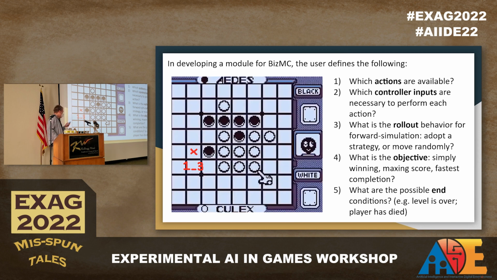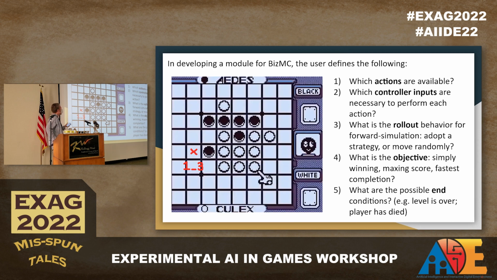Then we need a way of actually executing the moves that we've identified. In order to do that, in BizMC, we assign each distinct move a unique string identifier.